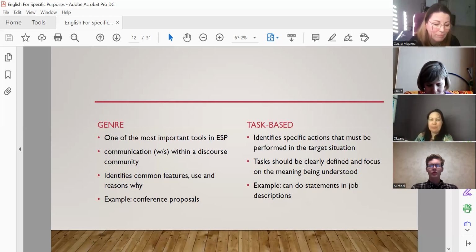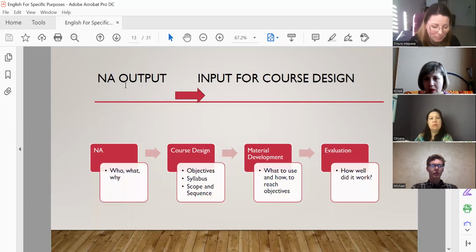Okay. So let's take a look. We have needs analysis: who are we talking about? Car mechanics, what they need to do, and why they need to do it. Course design, we move from needs analysis to course design. What are the objectives of the course? We have to have a syllabus, scope, and sequence. So when we know that, then we can move to material development.